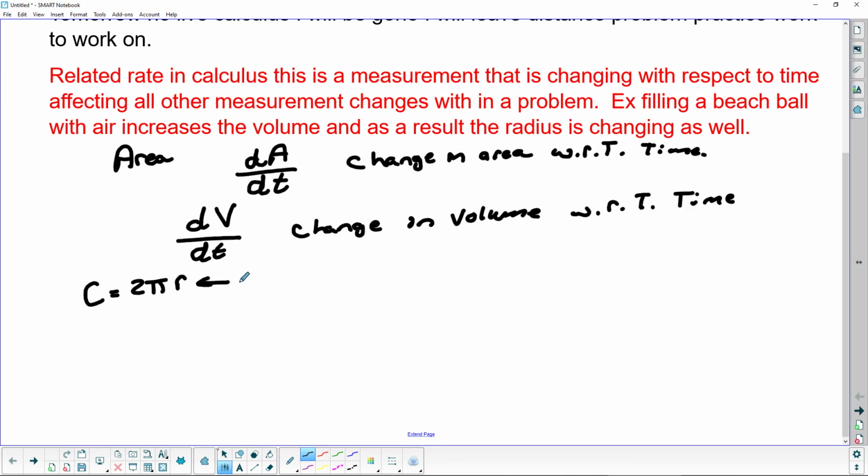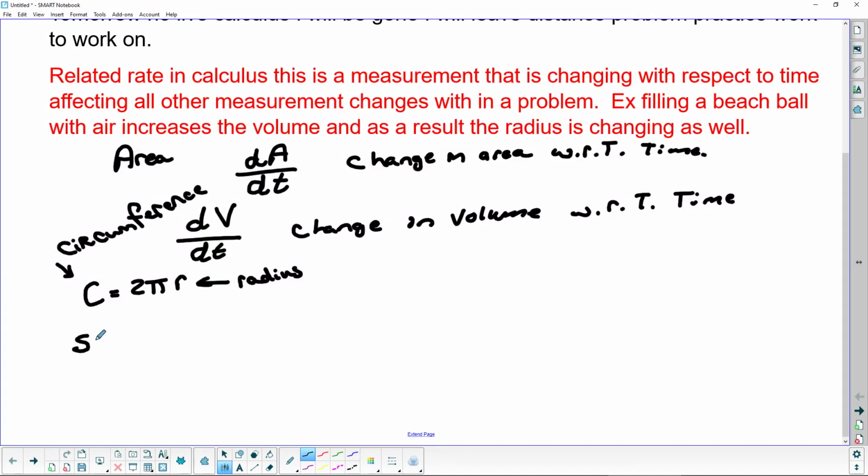This is our radius. This is our circumference. So that's another way to say the perimeter around. And 2 pi is just a number, right? Okay, and then you also have your surface area.